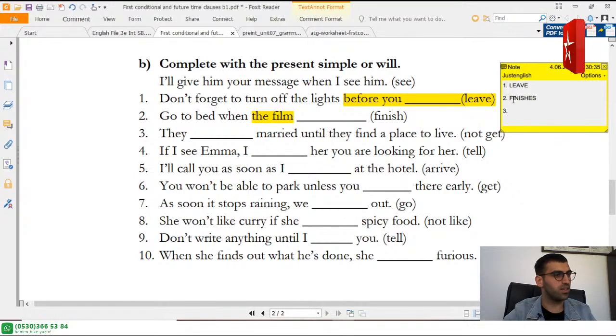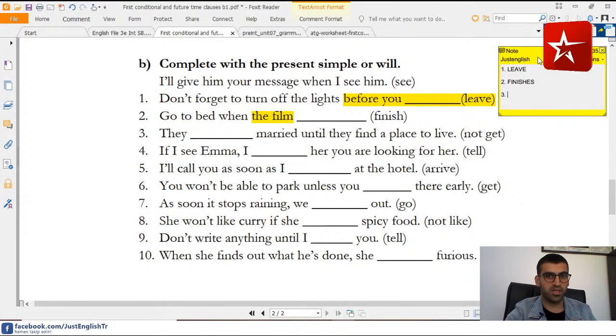And number 3, they blah blah married until they find a place to live. So not get, we have the verb here. What is the correct answer for number 3? They say won't get.